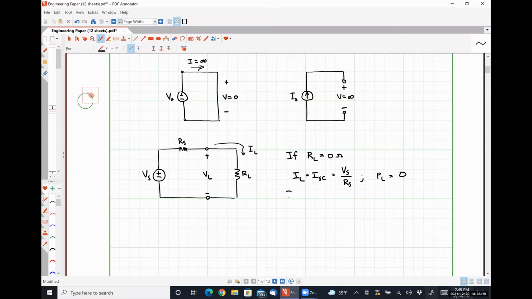What if RL were equal to infinity? So this is how we determine what's called the open circuit voltage. So if RL were an open circuit, what voltage drop would appear across the terminals of our load resistance?